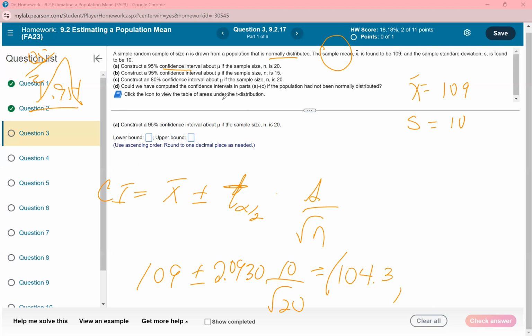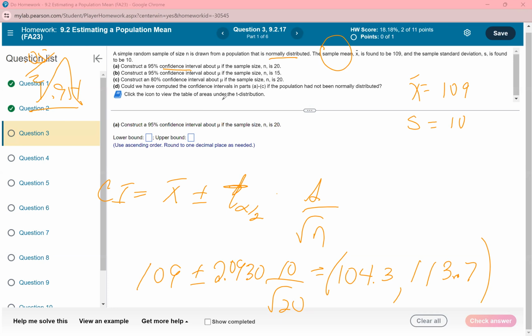I'm going to up arrow onto the equation and change that minus to a plus so I can get the upper bound, which is 113.68. Whoops, I wrote 133. I said 113. Again, it was 0.68, so the 6 became a 7.